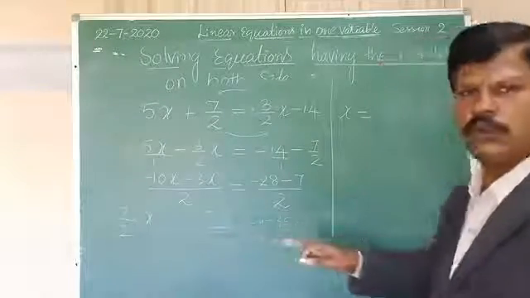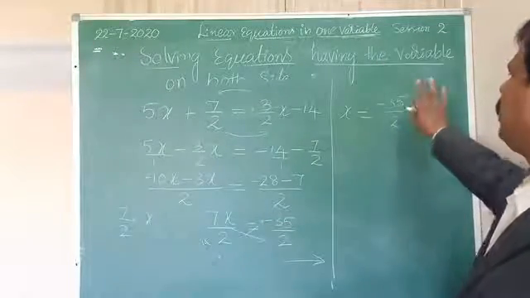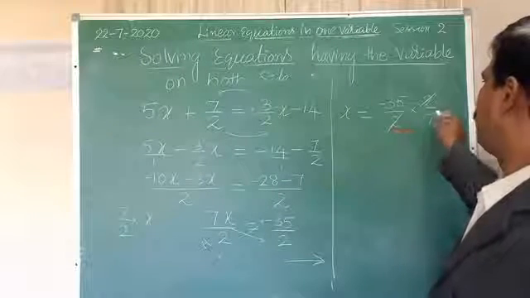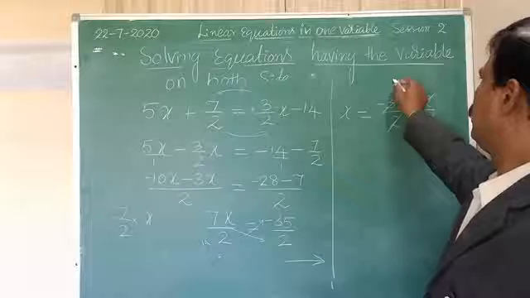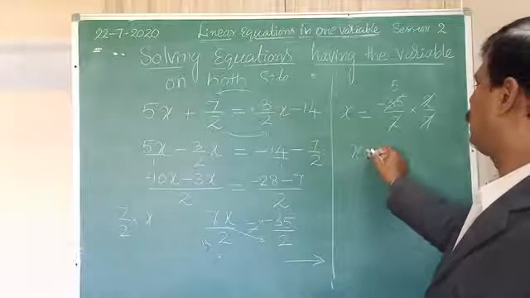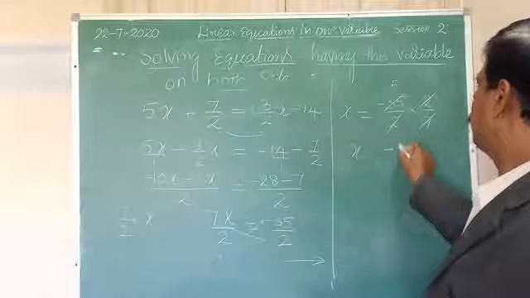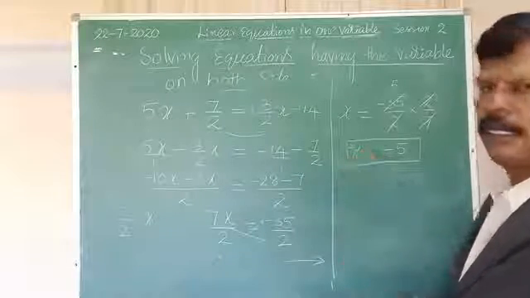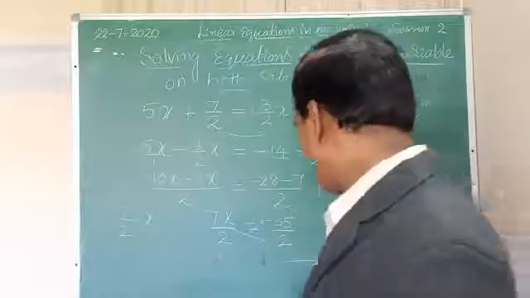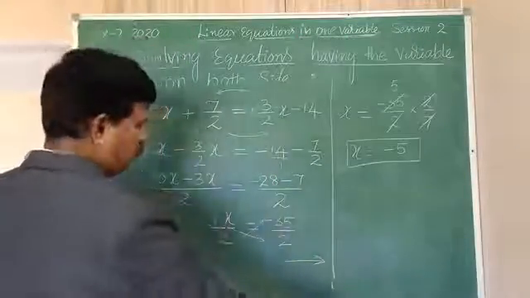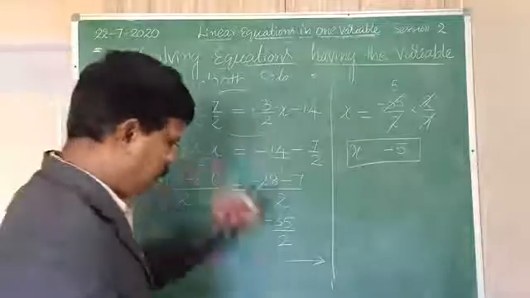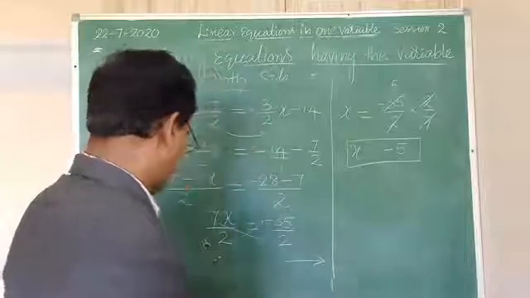This 7 by 2 on shifting to the right hand side becomes its reciprocal. Now 2 ones are 2, 7 ones are 7, 5 sevens are 35. Therefore x is equal to minus 5. In the denominator nothing is there, nothing means it is 1. Denominator is 1. Clear? So this is solving the linear equations in which the variables are on both sides.